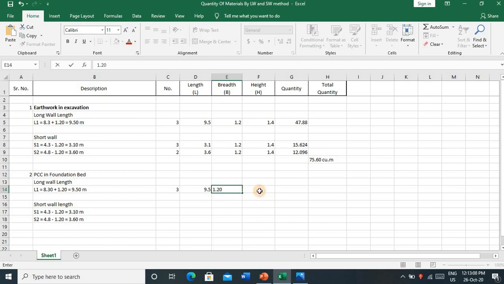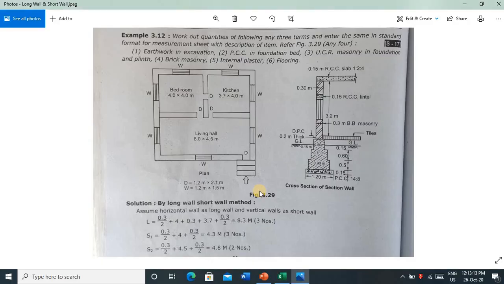Height will be, now see what will be the height? The height should be the height of the item. What is the height of PCC? PCC's height is given as 0.15. From where you will get it? From the section or cross section of the wall you will get these details.